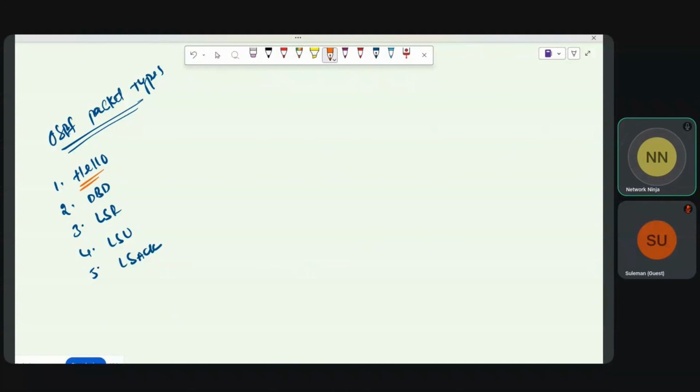The hello message will contain the information we just discussed in the 7 states. In the hello message, it contains the router ID, the hello timer and the dead timer. And in DBD, it will contain the database description.